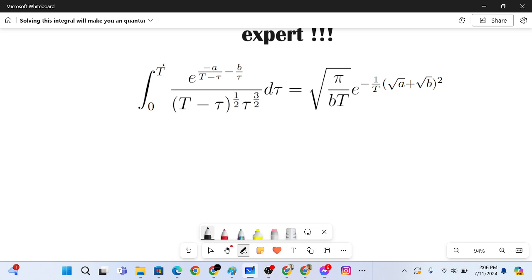This is the integral from 0 to t of e to the power minus a by (t minus tau) minus b by tau, over (t minus tau) to the power 1 by 2 times tau to the power 3 by 2, d tau. Let's call this tau x, because tau doesn't really look good.